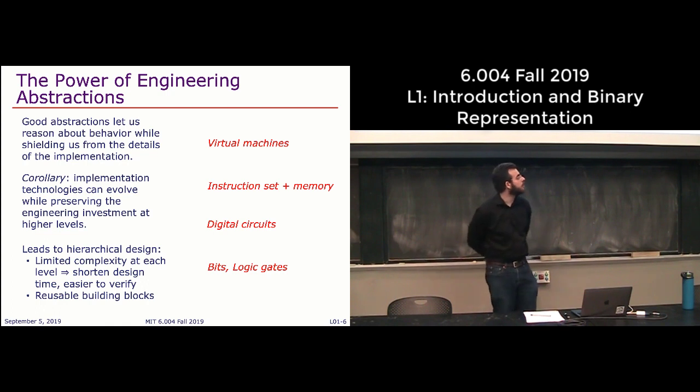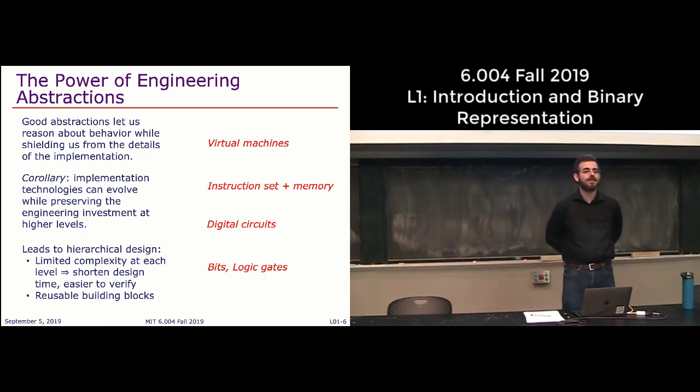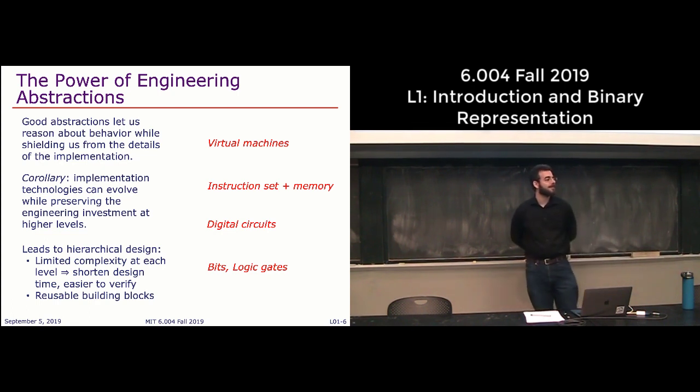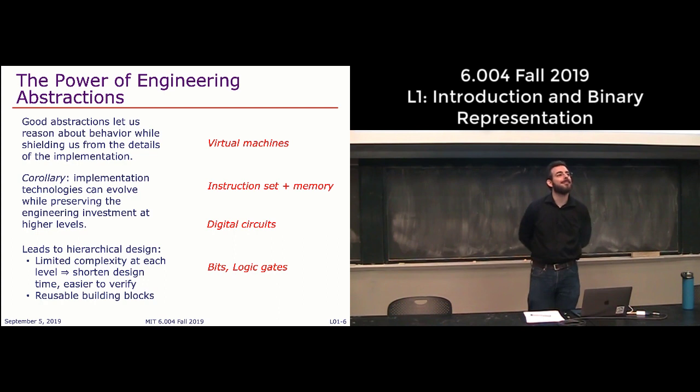Can any one of you tell me some drawback of having this deep stack of technologies with these interfaces? In what case would you like to take a more direct approach and perhaps touch all the levels at the same time?